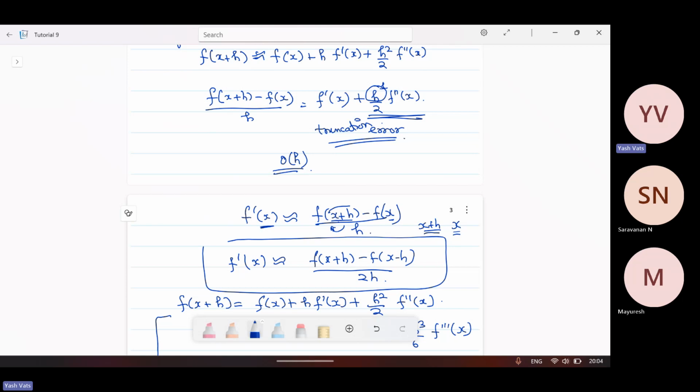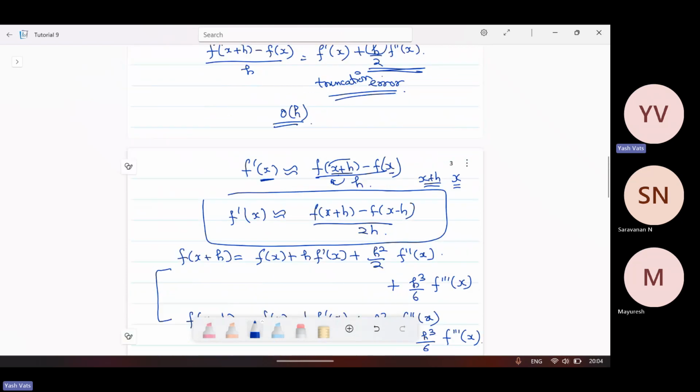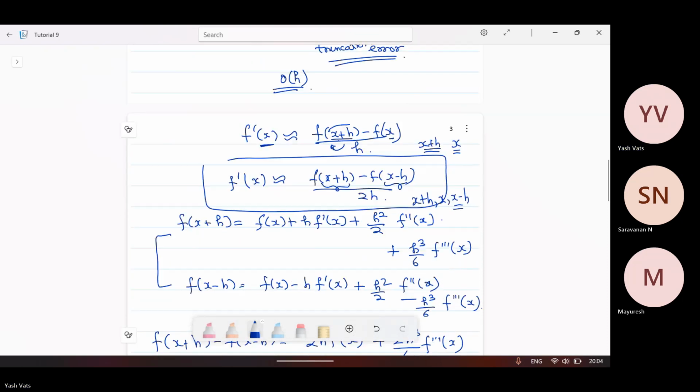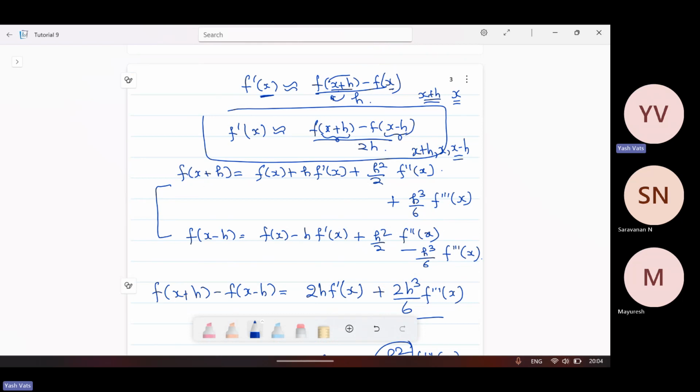This other formula considers 2 points, x plus h, x and x minus h. So it is central, it keeps the point x in the center.